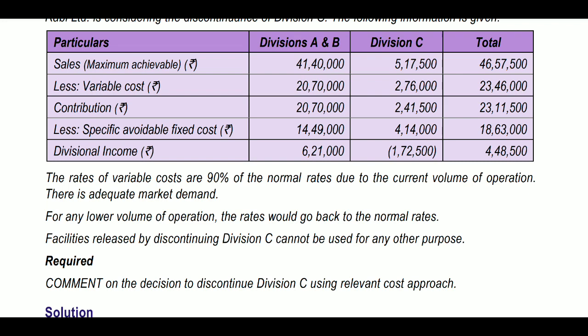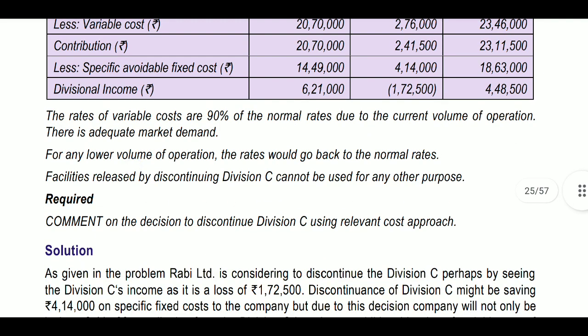Next, for any lower volume of operation, the rate would go back to the normal rate. So when volume decreases, then 100% will be the cost, so we will increase that cost. Next, facilities released by discontinuing division C cannot be used for any other purpose. Comment on the decision to discontinue.